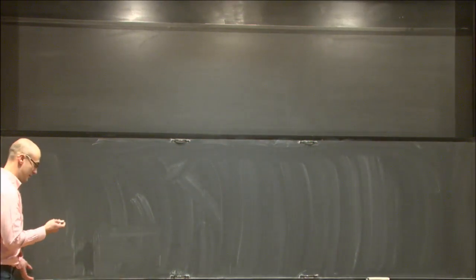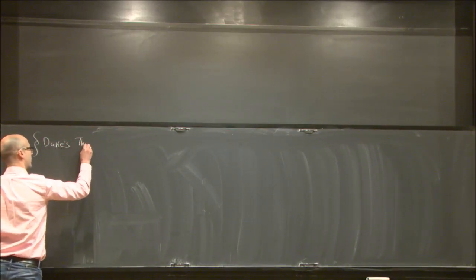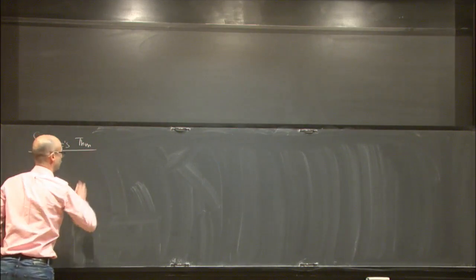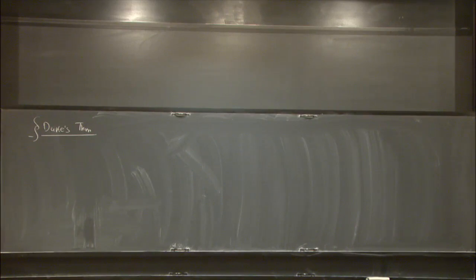Okay, so I would like to start with some maybe rather well-known theorem, often called Duke's theorem. That will be also a nice point to introduce the setting. So maybe for most of the talk you can think about Y as being just the level 1 modular curve, complex points.